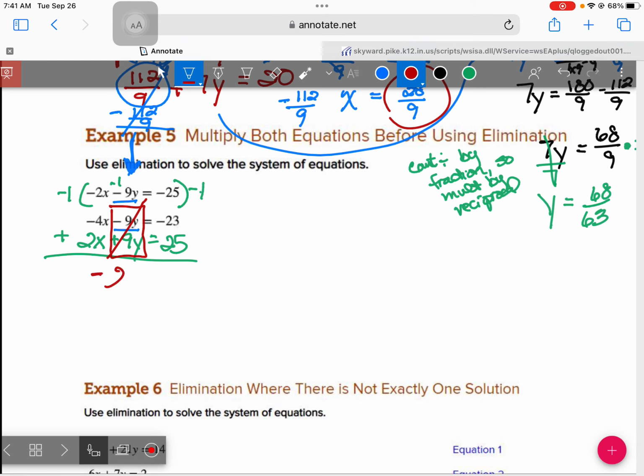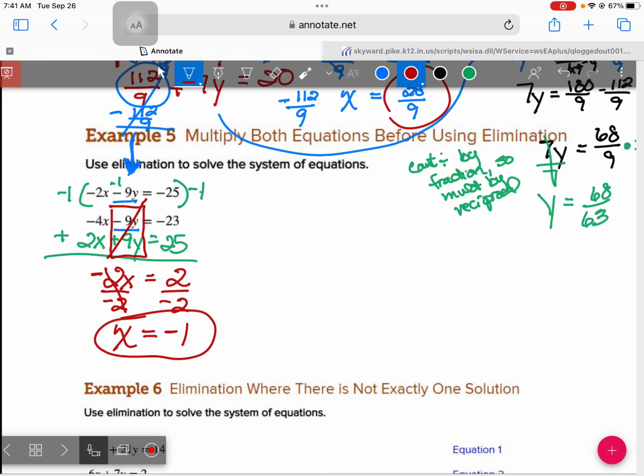Negative 2x. And negative 23 plus 25. 2. Oh, yes, this is going to work out much nicer. So divide by negative 2, divide by negative 2. Negative 2 simplify out. X is equal to negative 1.